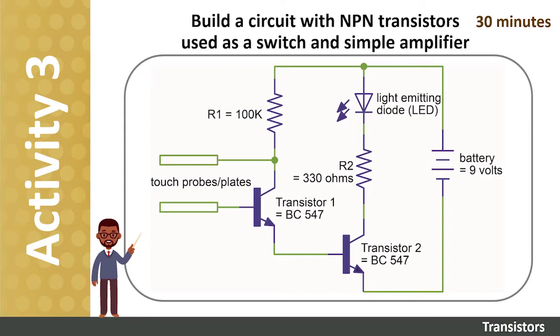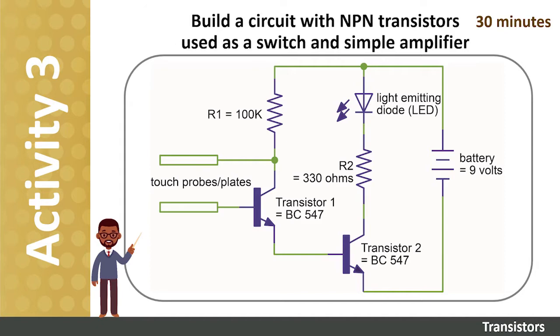Connect the relay in series with the collector of transistor 2 and then use its contact points to switch the load. Note that you will have to increase the supply voltage to activate the relay coil. You could also use a buzzer instead of the LED to create a simple touch-type doorbell.